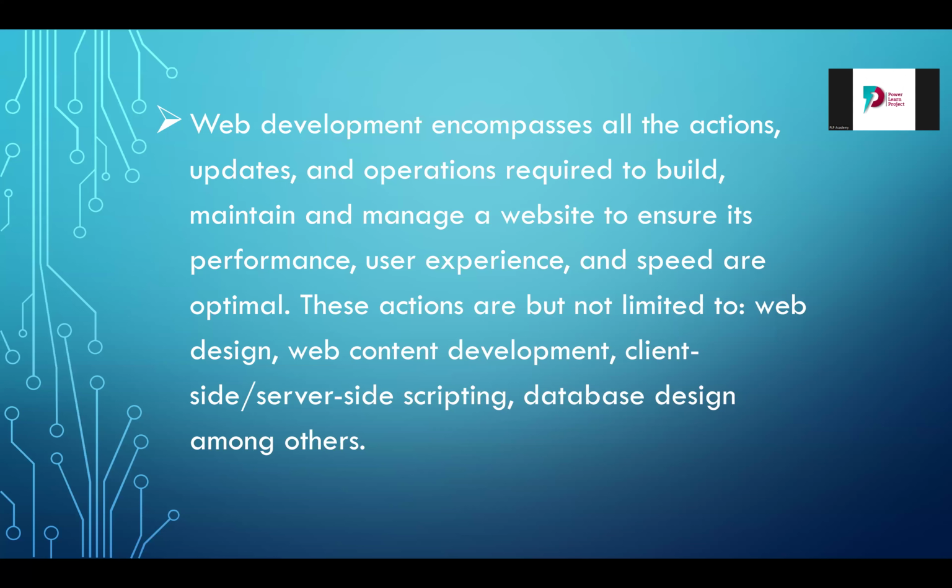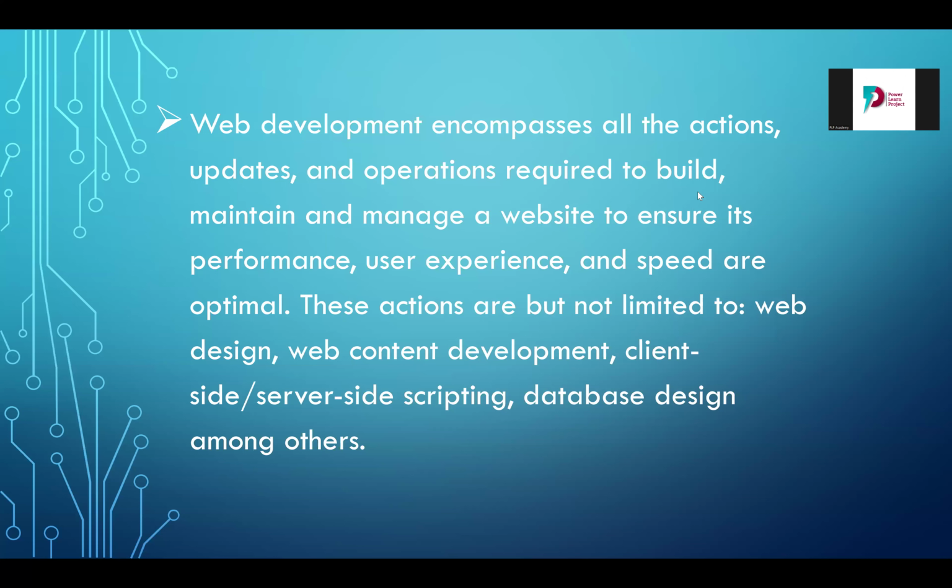So web development is typically divided into 3 major categories. We have the front end, back end, and full stack development. So these different arms of development describe the 3 major categories into which web development is divided. Front-end development majorly focuses on the presentation part of websites or web applications.